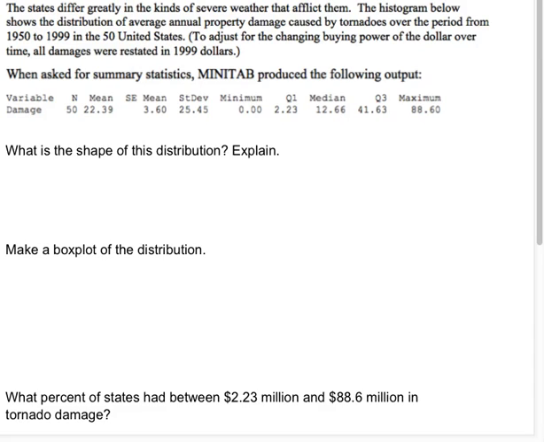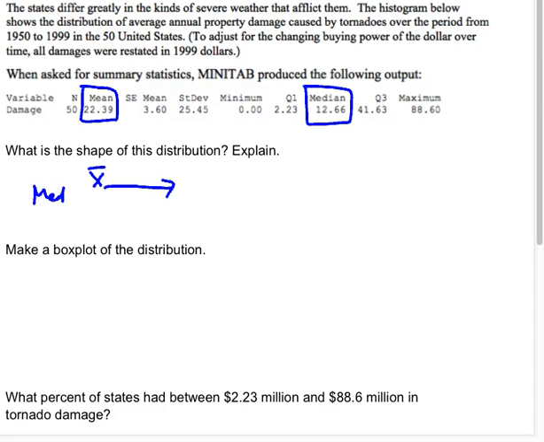If I look here, the mean is sitting at 22.39, while the median is only at 12.66. So what is that communicating to me? Well, it's communicating to me that the mean is being pulled up, because the median is back here somewhere.